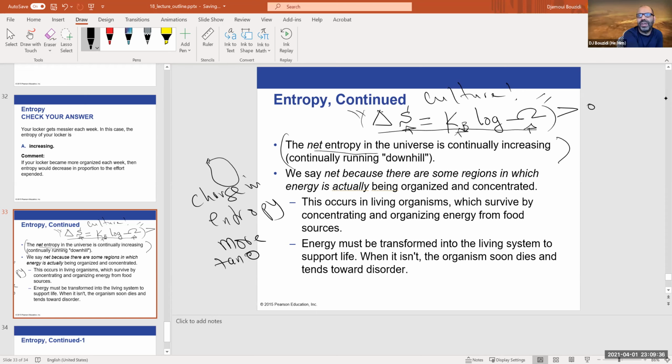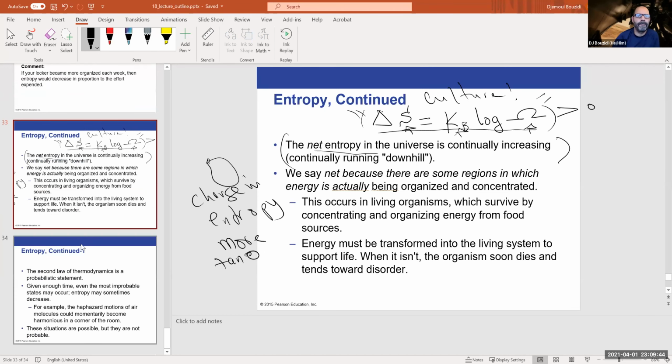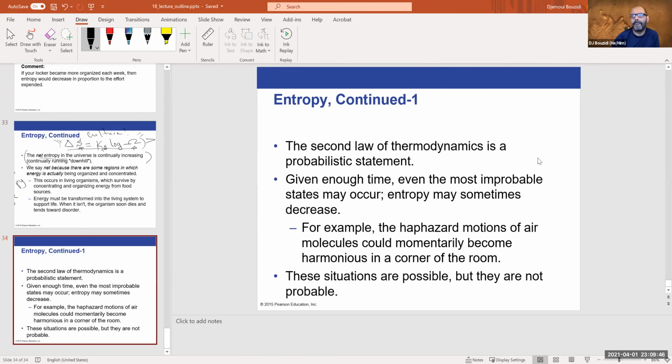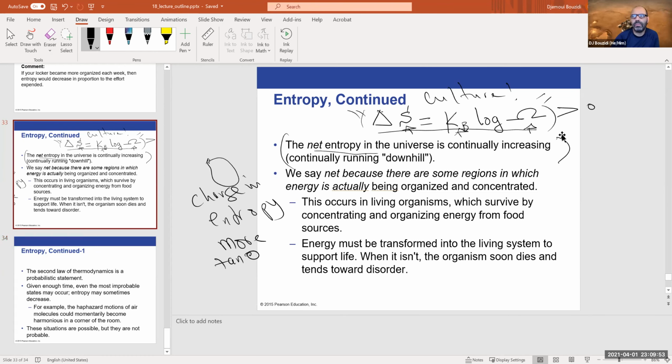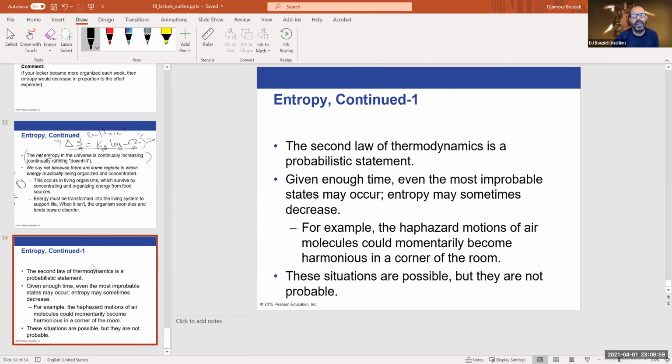That is another way of saying this: the net entropy in the universe is continuously increasing, the change in it is always positive. Of course, it has to do with probability, because this omega measures how many states a system can have. That's why it's a probabilistic theory. Anyway, this is basically in a nutshell your chapter.